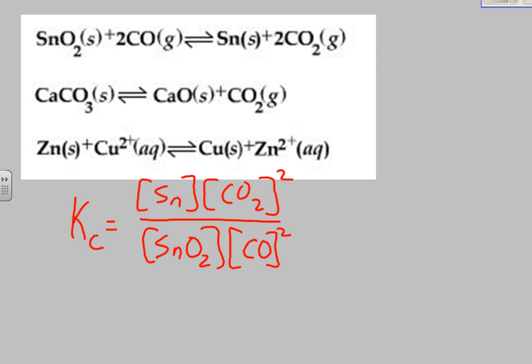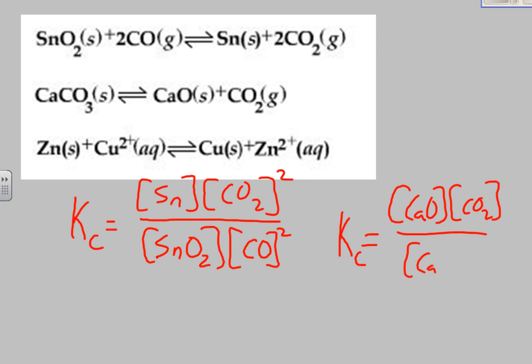Likewise, I could do the same thing for the second one. Kc equals the concentration of the calcium oxide times the concentration of the carbon dioxide divided by the concentration of the calcium carbonate.